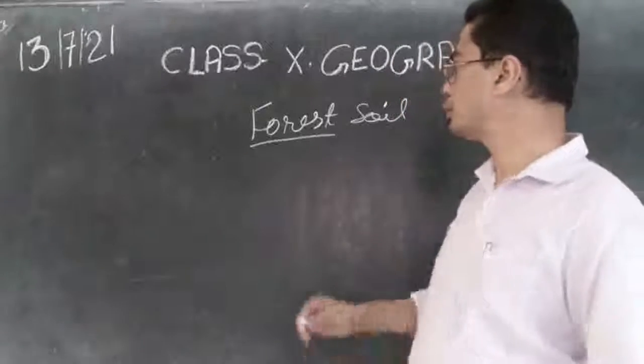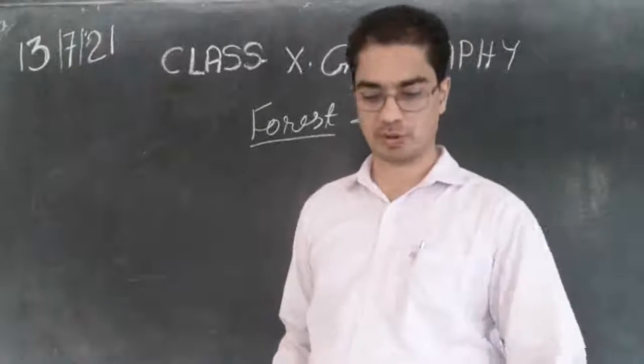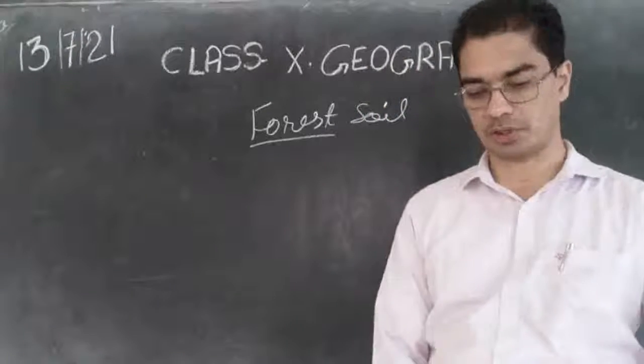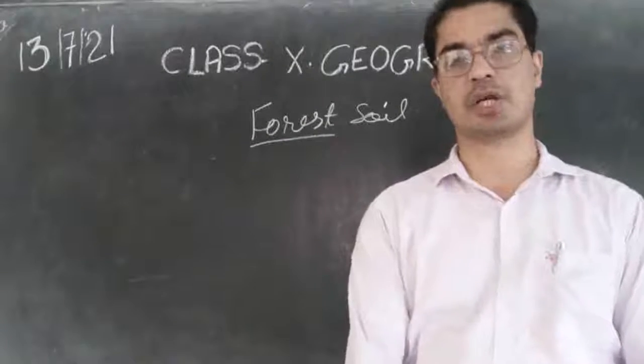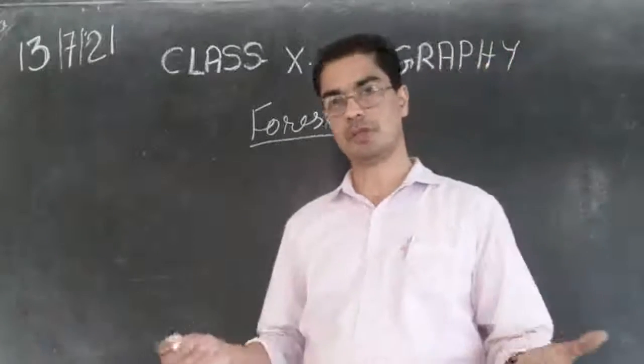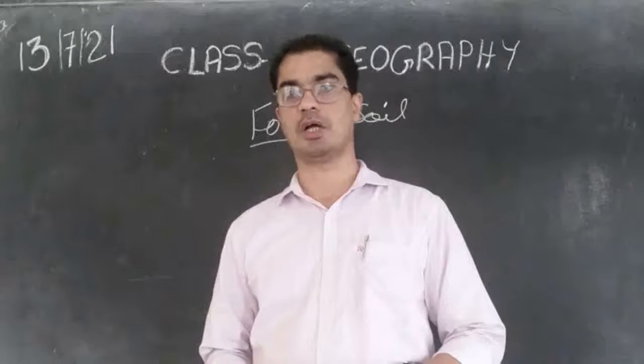So we learned two types of soils today, arid soil and forest soil. About arid soil, we saw it is a very dry soil, and it becomes dry because that area gets very little rainfall.